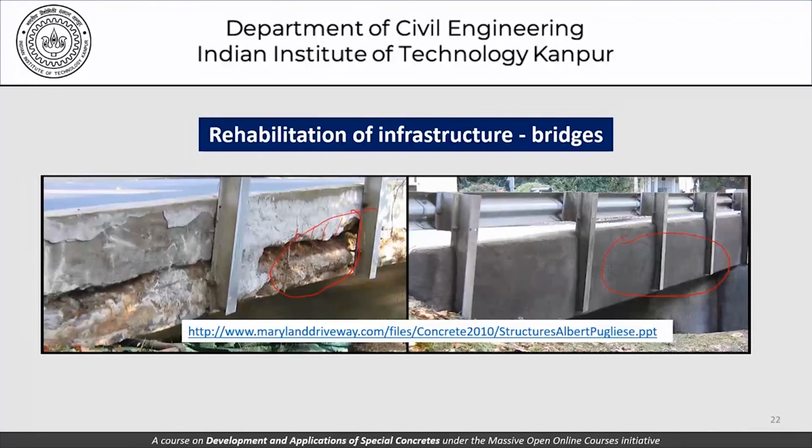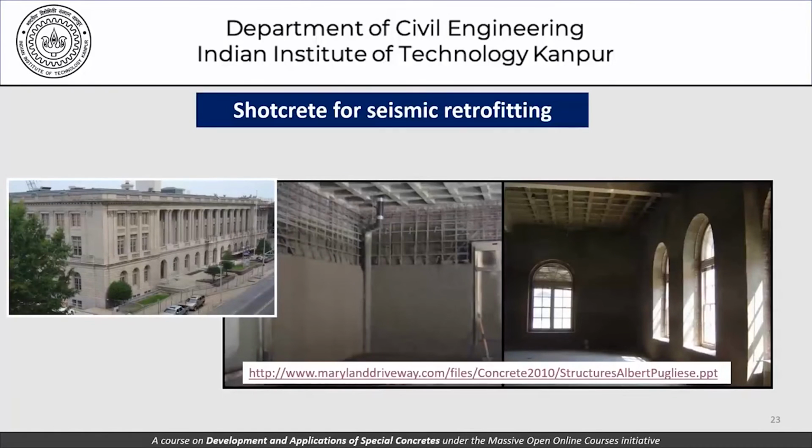This picture here is for shotcreting operations for seismic retrofitting, and you can see reinforcement panels in the walls, and we have a renewed structure which is more compliant with the different standards that we may have for seismic performance of structures compared to those standards that were prevailing when the original structure was built.